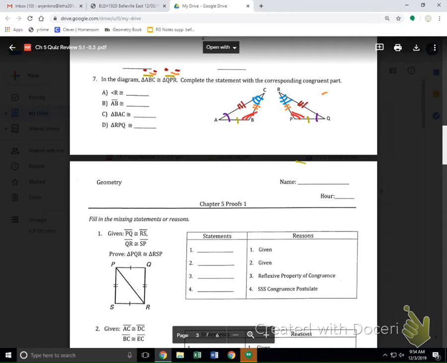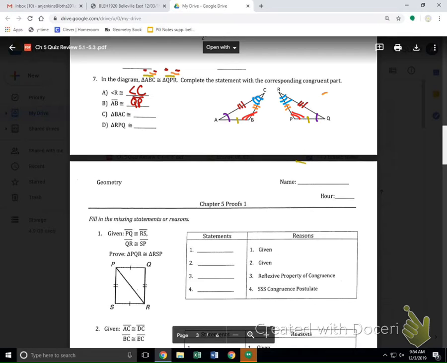All we're doing is we're going to look here and we're going to see what angle R is congruent to. So what is angle R congruent to? Angle C. And we know that AB is congruent to QP. And then we have triangle BAC.